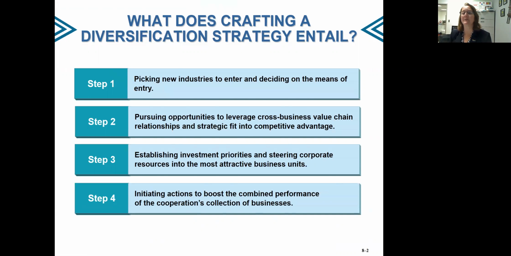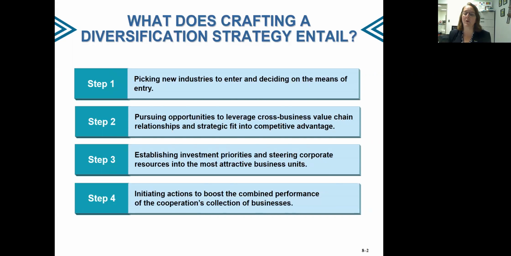So, 4 steps when crafting a diversification strategy is being looked at. Step 1, you're going to look at new industries to enter and decide on how you're going to enter that industry. Step 2, you're going to pursue opportunities to leverage cross-business value chain relationships and strategic fit into a competitive advantage.